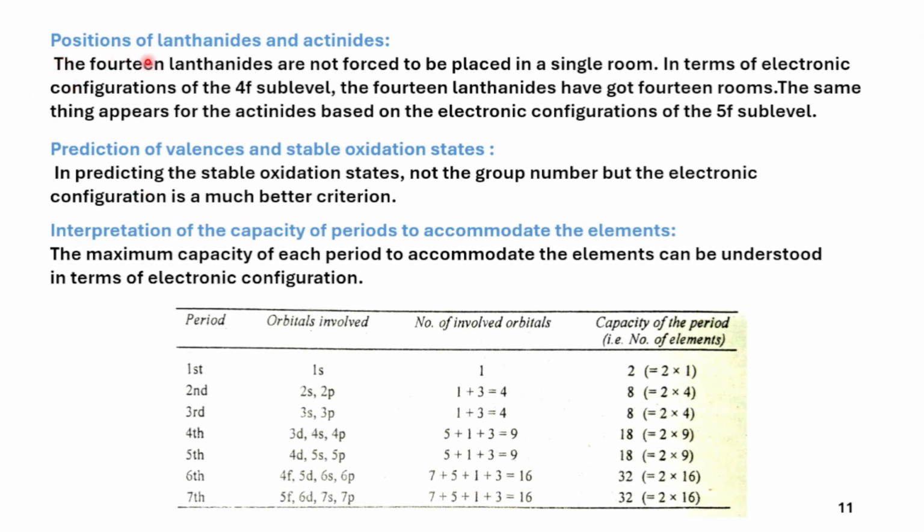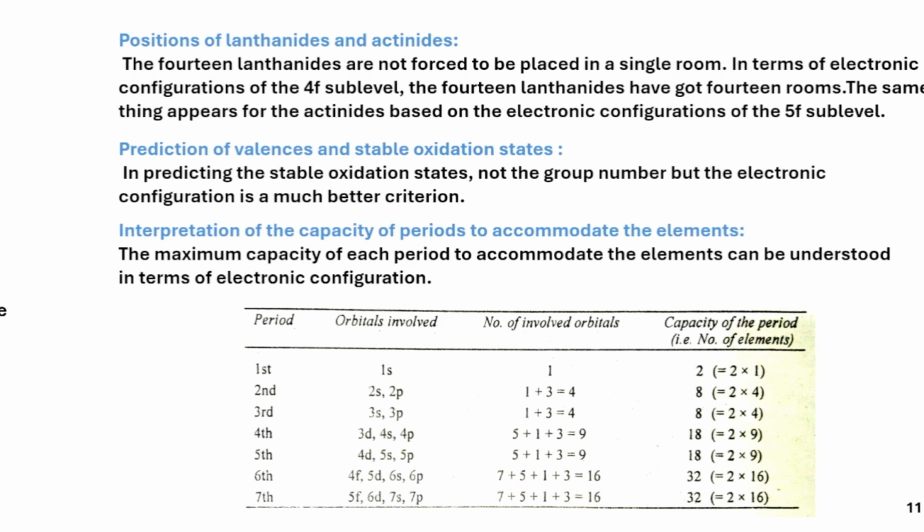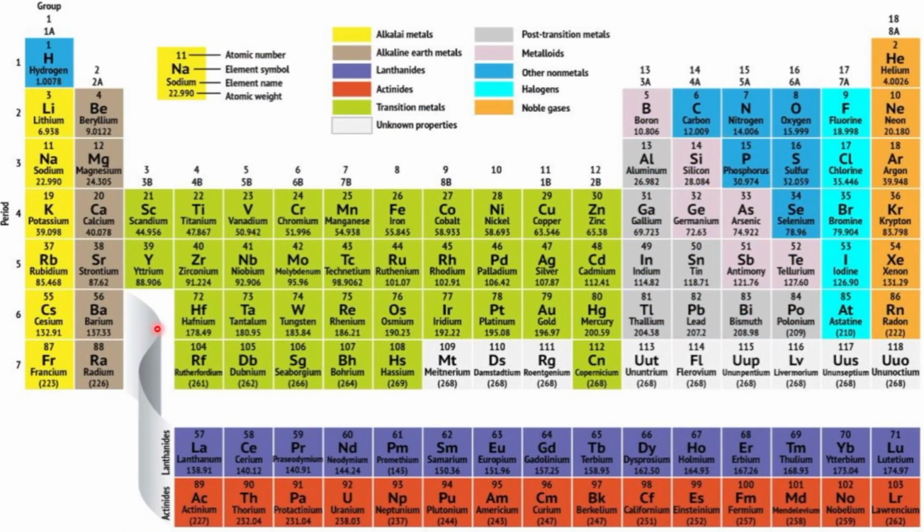Next one is the positions of lanthanides and actinides. The 14 lanthanides are not forced to be placed in a single room. In terms of electronic configurations of the 4f sublevel, the 14 lanthanides have got 14 rooms. The same thing appears for the actinides, based on the electronic configurations of the 5f sublevel. If I go back to this periodic table, we represent that these 28 elements are here, but actually the electrons are getting filled in the f level.